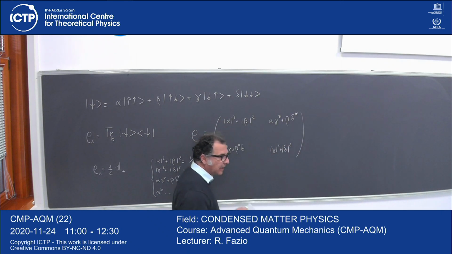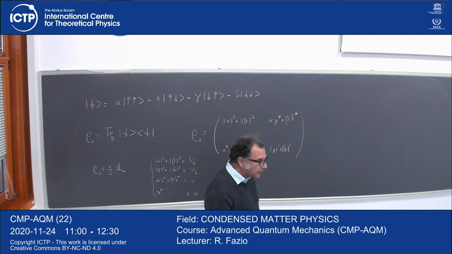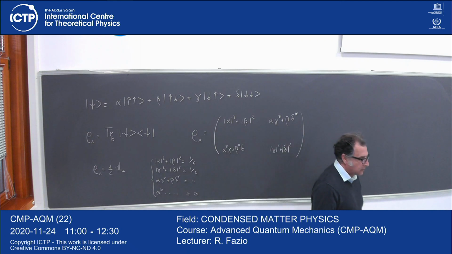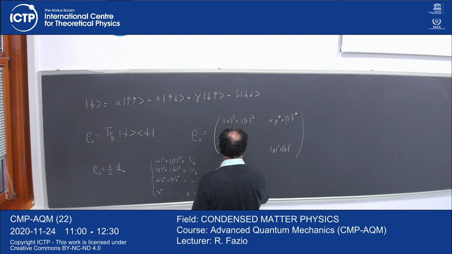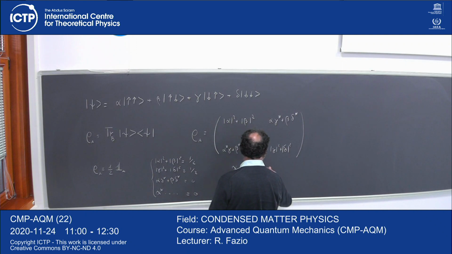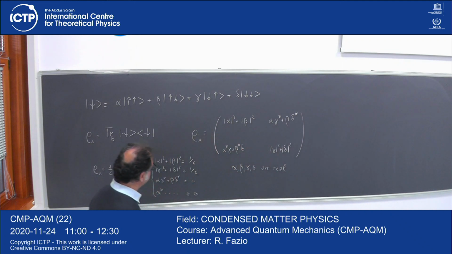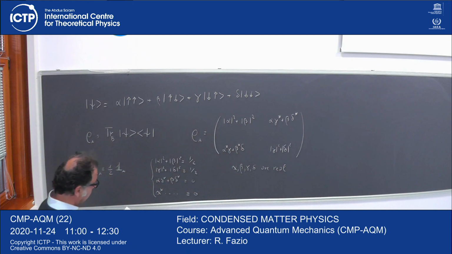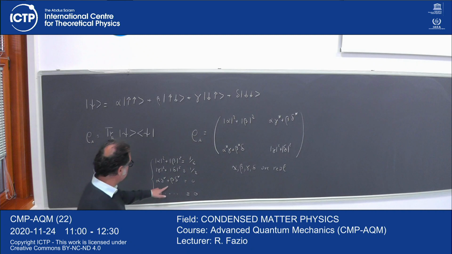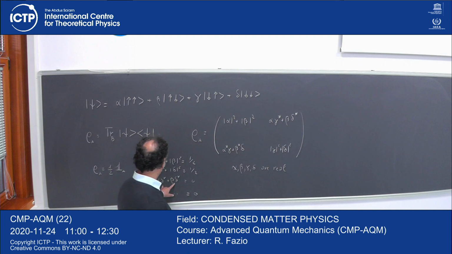So I would like first, as I said yesterday, to find solutions in the case in which all coefficients alpha, beta, gamma, delta are real. So let's assume this. You can check that there are actually four cases that solve this.